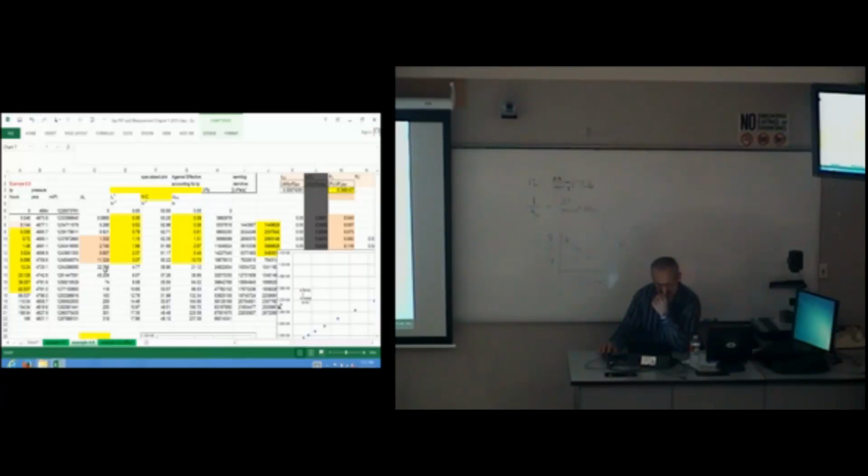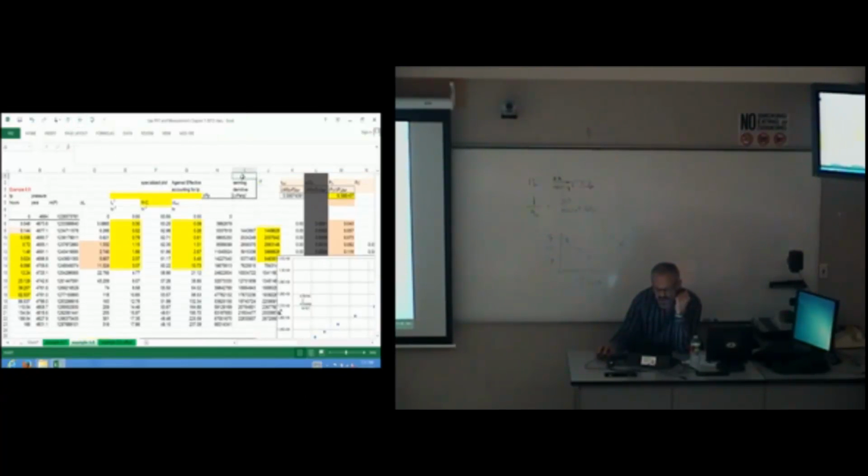So let's do another separate derivative. I'm going to insert a row in my spreadsheet and call this radial, right? That derivative was developed for radial flow. It gives us a flat line when we have radial flow. Let's do the linear derivative.